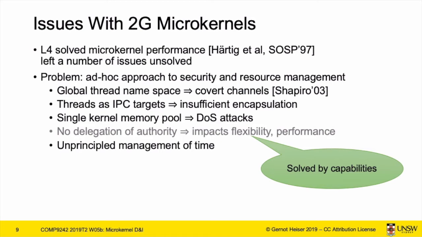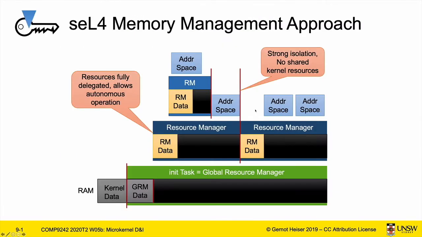And this, for example, allows us to have subsystems that run with restricted resources totally autonomously. The example I went through with the memory management model, where you can partition memory and then just hand over to one partition capabilities to some untyped, and it can manage that memory totally autonomously without ever calling back. That wasn't possible in the early kernels.